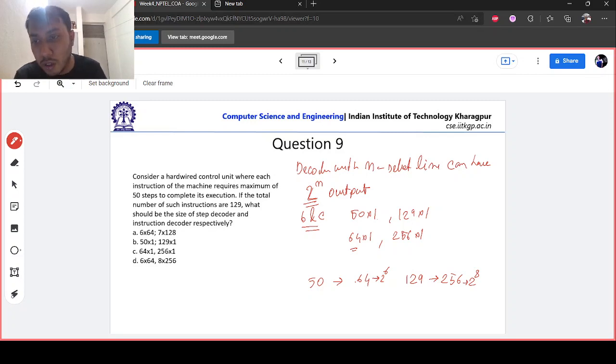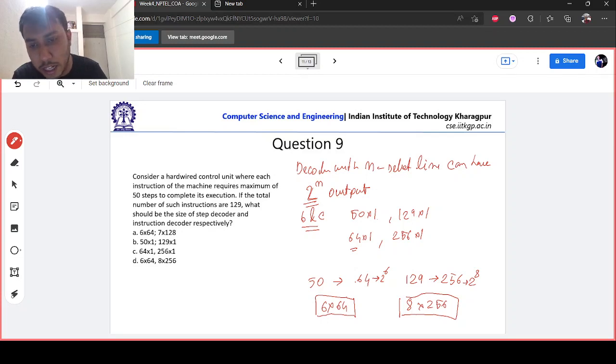So what will be the correct answer? The correct answer will be a 6 cross 64 decoder for steps, and an 8 cross 256 decoder for instruction.